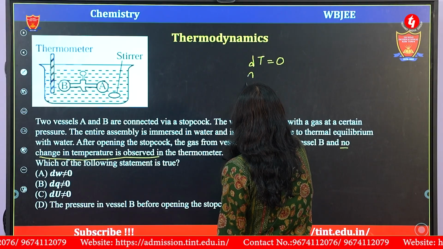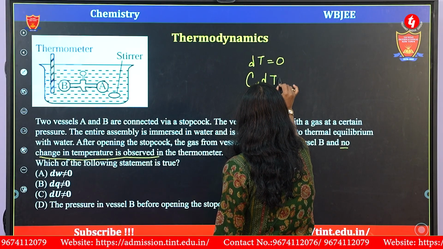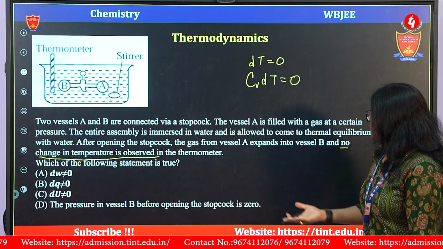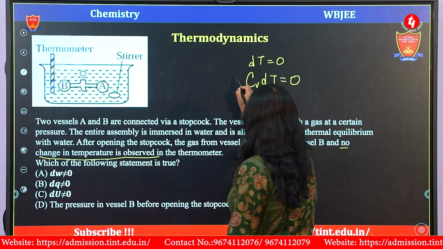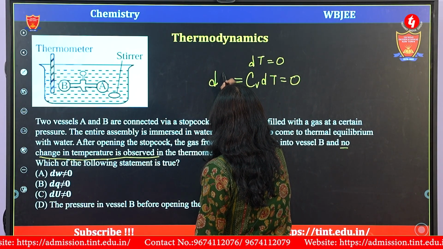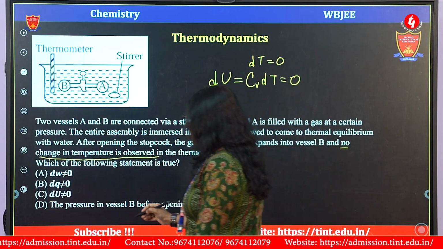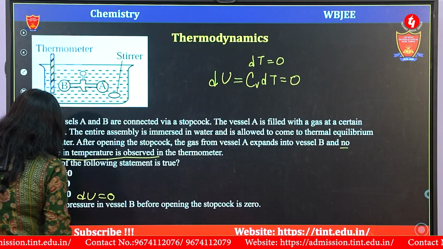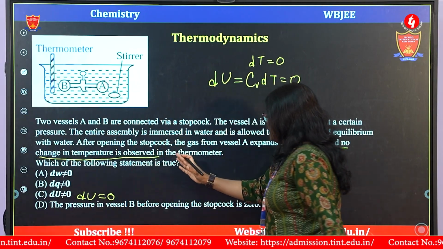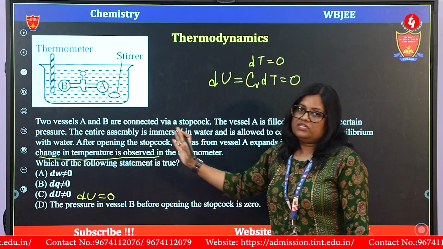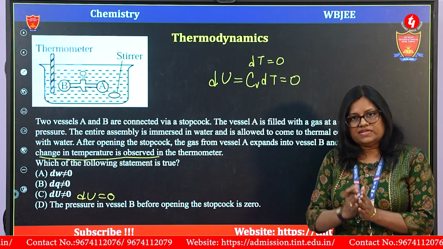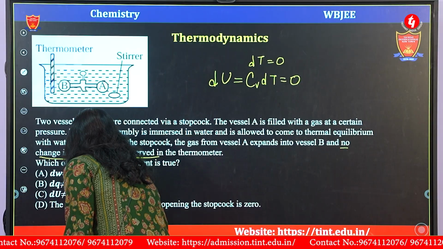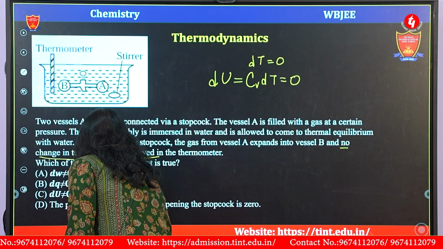Also Cv dT is equal to 0, because Cv is not equal to 0, and Cv dT is equal to dU. So, dU is equal to 0. As no temperature change occurs, there is no heat exchange with the surrounding, so dq should also be 0.